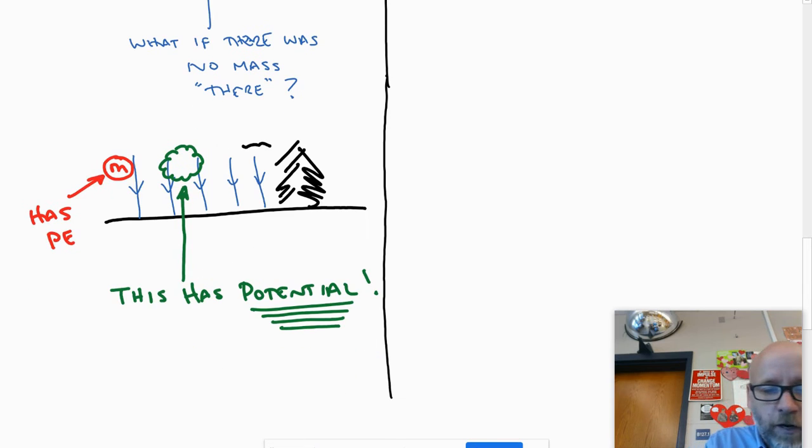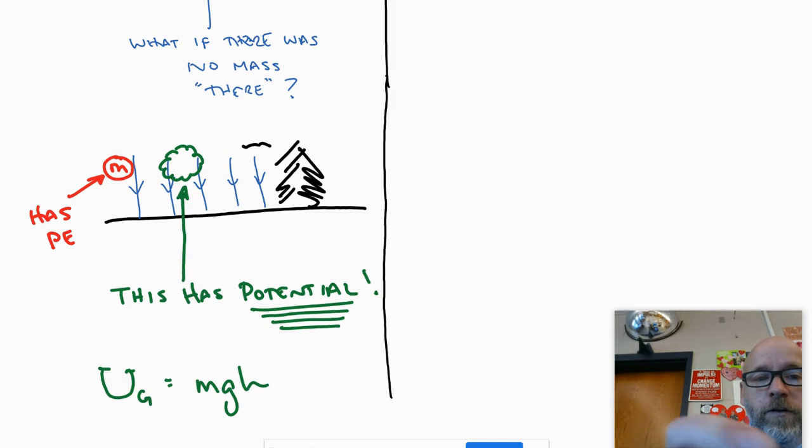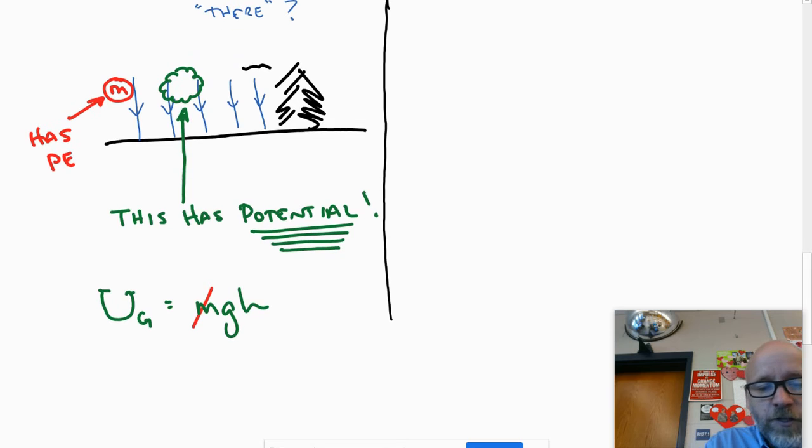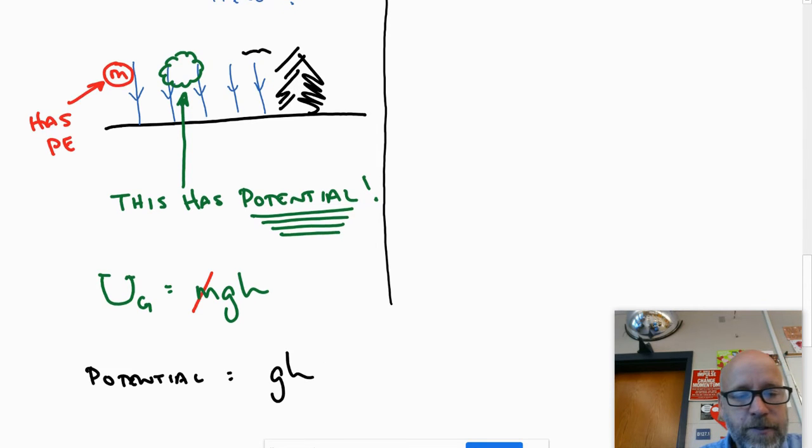Now, let's take a look at our formula. If we look at UG equals mgh, but we get rid of the m, it goes from potential energy to potential. Have I said that enough times yet? I'll say it some more. What we end up with is the potential is going to be the field strength times the distance, or gh.